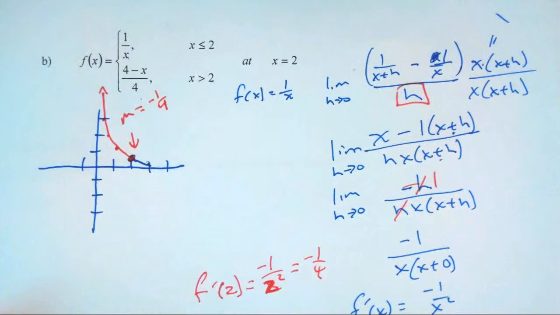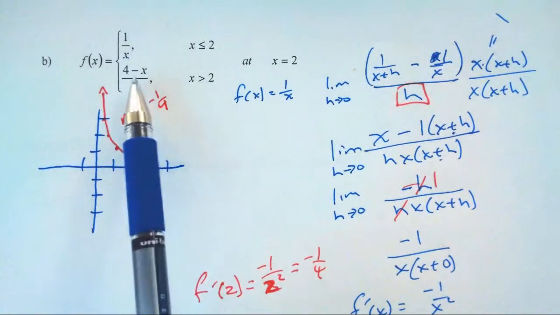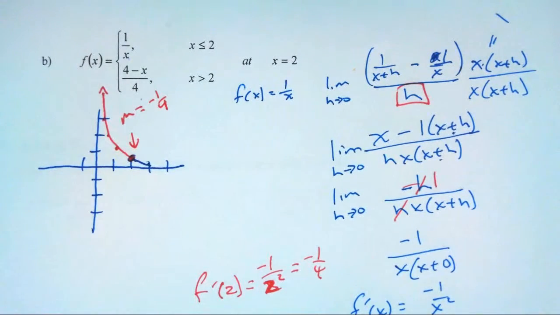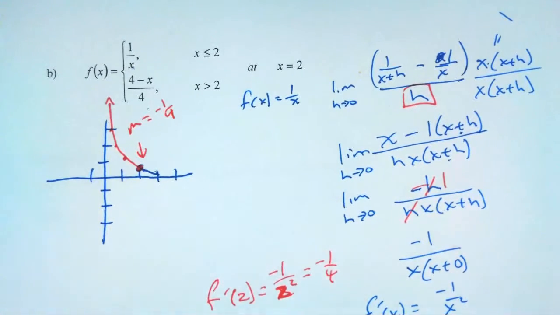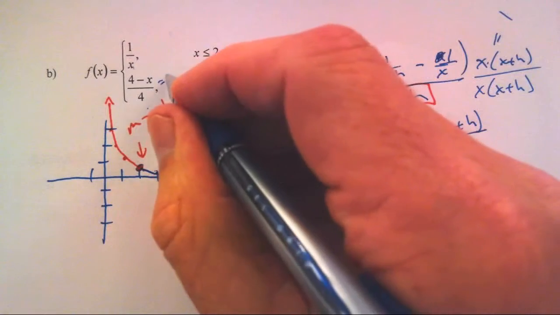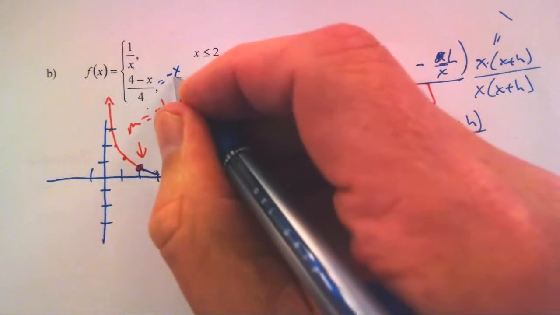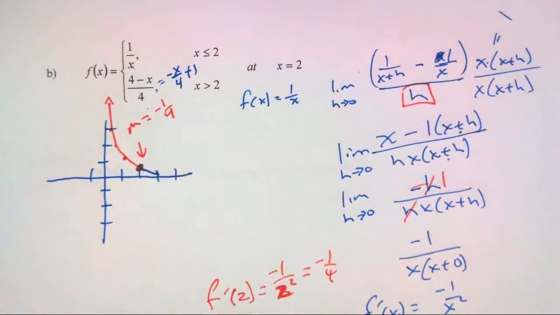Oh, I guess I got to do that again with this function. Or do I? Isn't this just negative x on 4 plus 1?